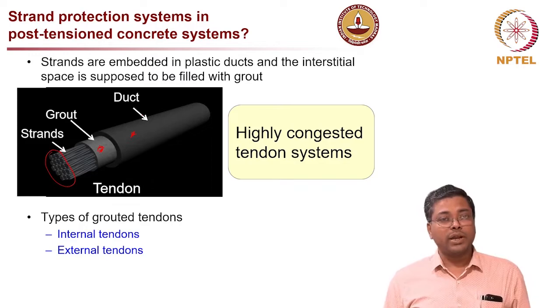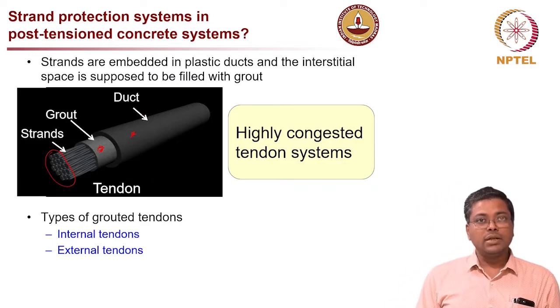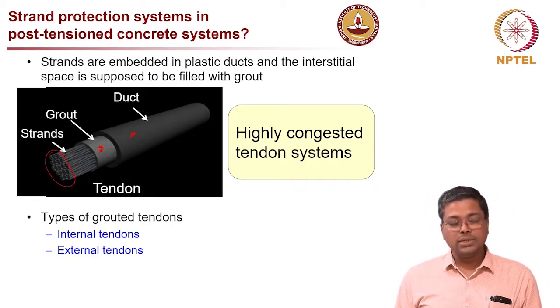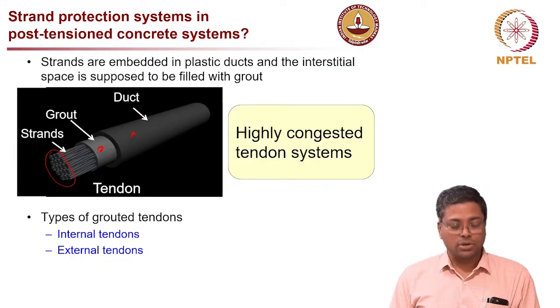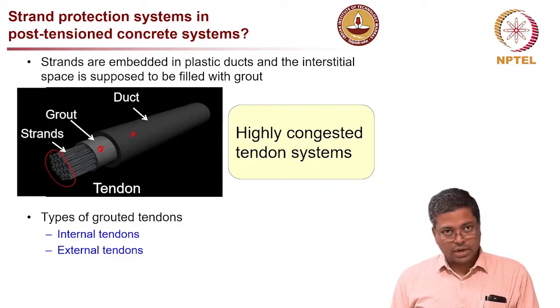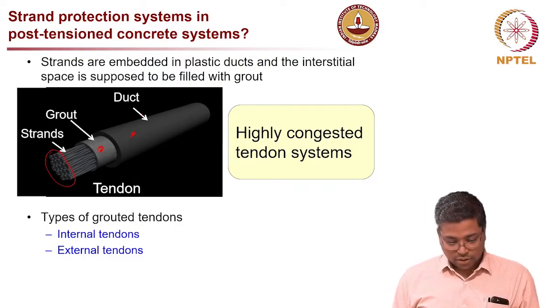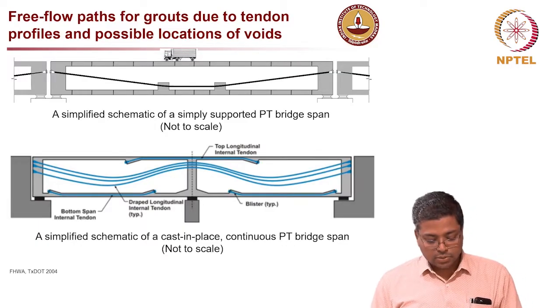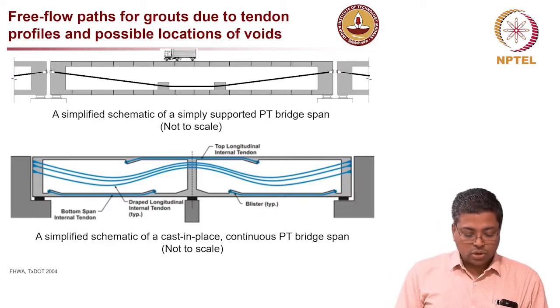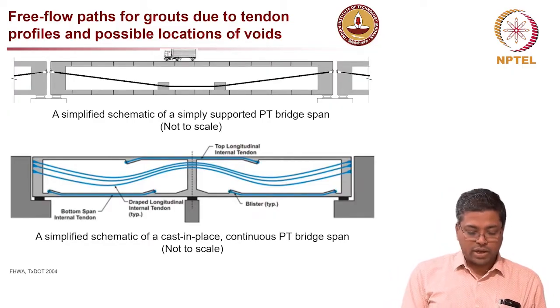Now there are 2 types of tendon systems. One is internal and the other is external. Internal is when the duct or the entire tendon is inside the concrete. External means it's kept outside the concrete. Depending on various reasons, designers might choose either internal or external. Here it shows a typical profile of tendons.